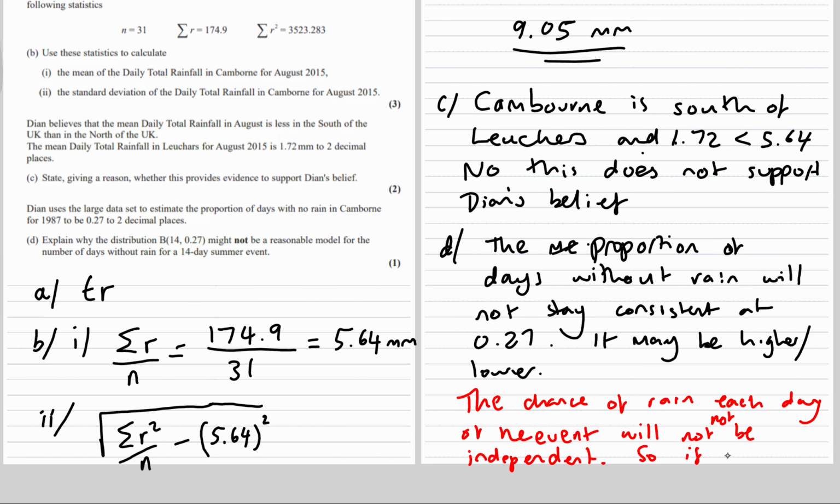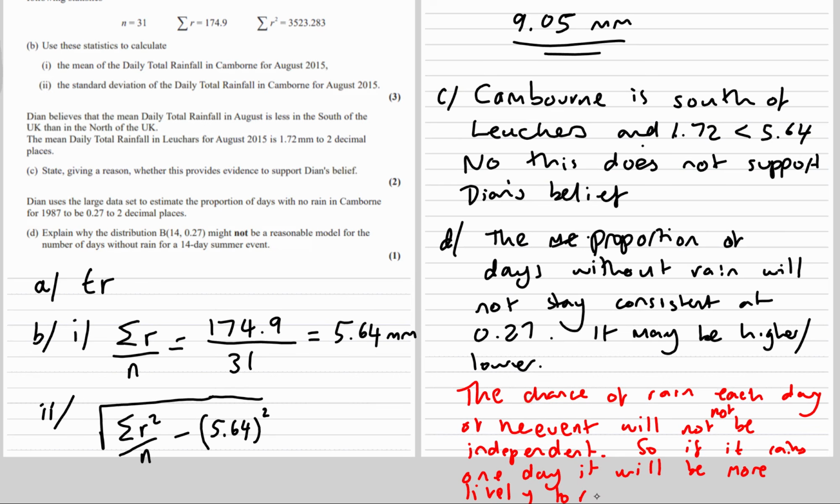So if it rains a day, it will be more likely to rain the next day.